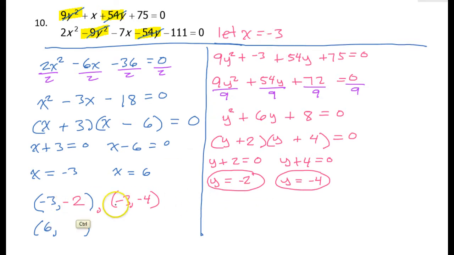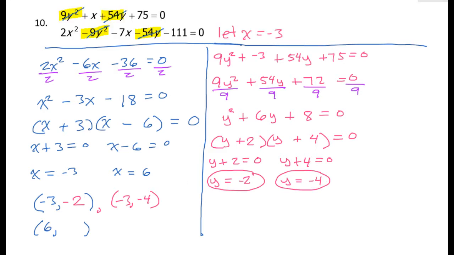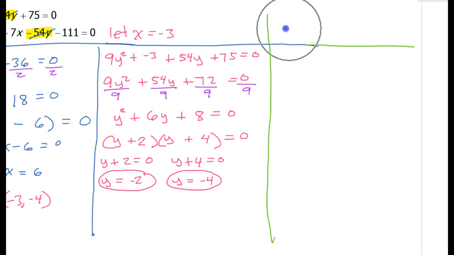Okay, so far I have these three solutions. But I still need to find the y value that goes with an x value of 6. So I think I will change colors one more time. Okay, so this time I'm going to let x equal 6.